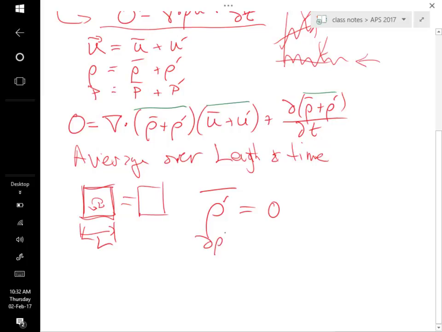If we take the time rate of change and the average time rate of change, that'll be equal to 0.